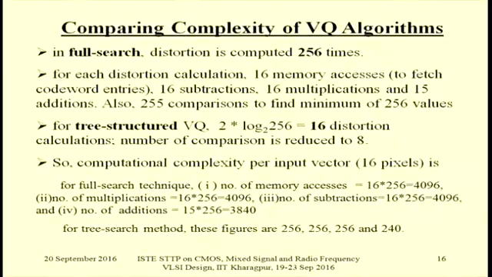So for each distortion calculation, 16 memory accesses to fetch the code word entries, 16 subtractions, 16 multiplications, and 15 additions. Also 255 comparisons. So a huge amount of operation will be called for.